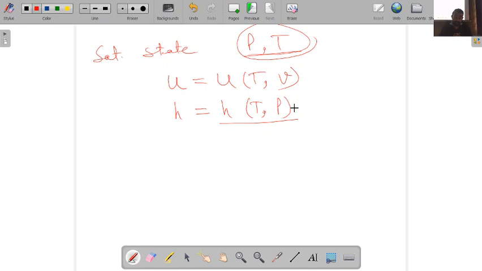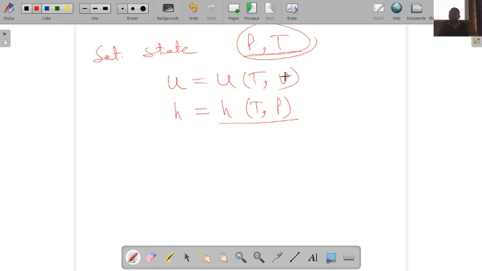Now, when I write internal energy as a function of temperature and specific volume, it can be a function of any other parameter also, but I have chosen temperature and specific volume because this is the more appropriate form for the majority of systems.